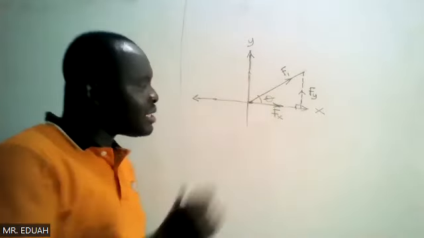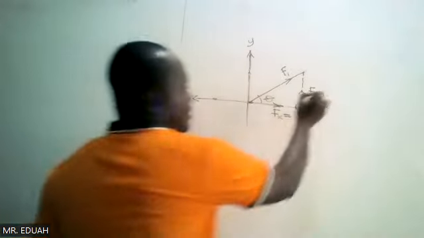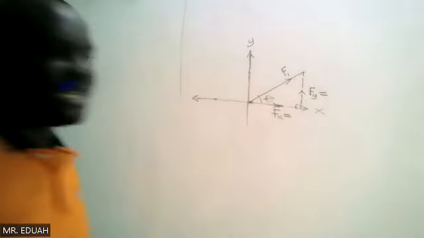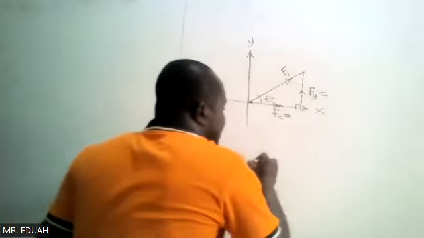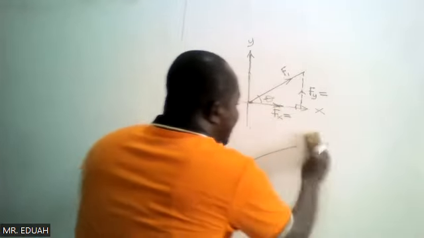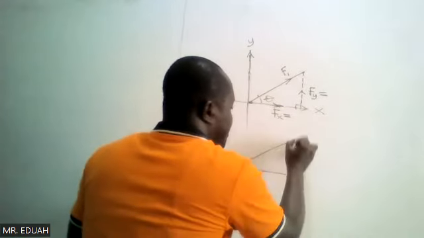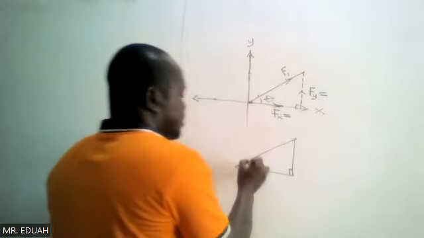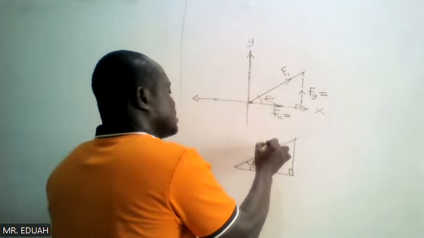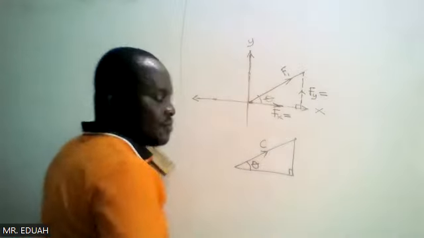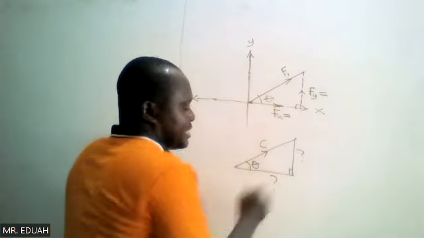So we want the horizontal component and the vertical component, a formula or expression for them. Now, in right triangle trigonometry, I have a right angle triangle, and I'm given the angle of inclination and the hypotenuse, C. Once I have the angle and the hypotenuse, I can find this and that.